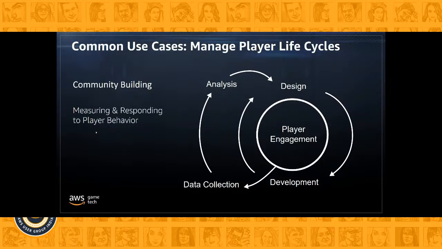Measuring and responding to player behavior. This very much goes back to our flywheel. As you have released your beta, you've released your alpha, you look at how people are actually responding to that.